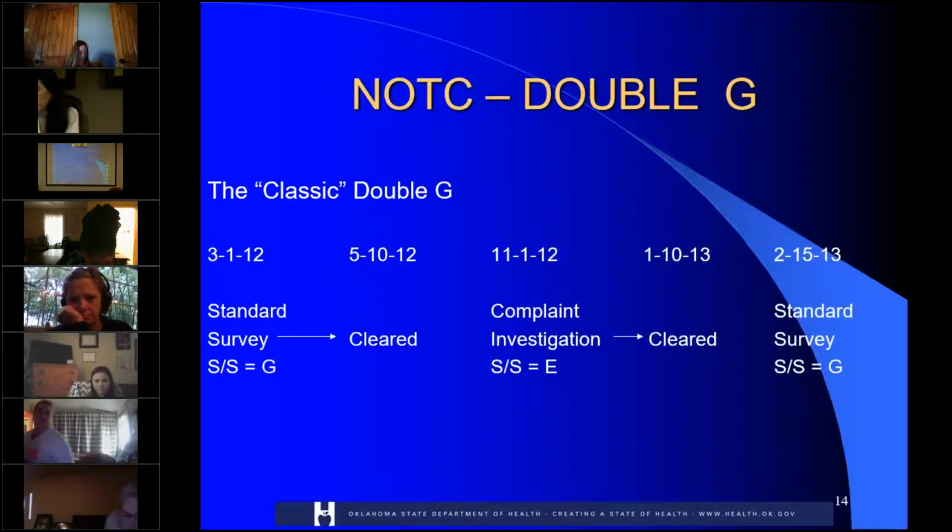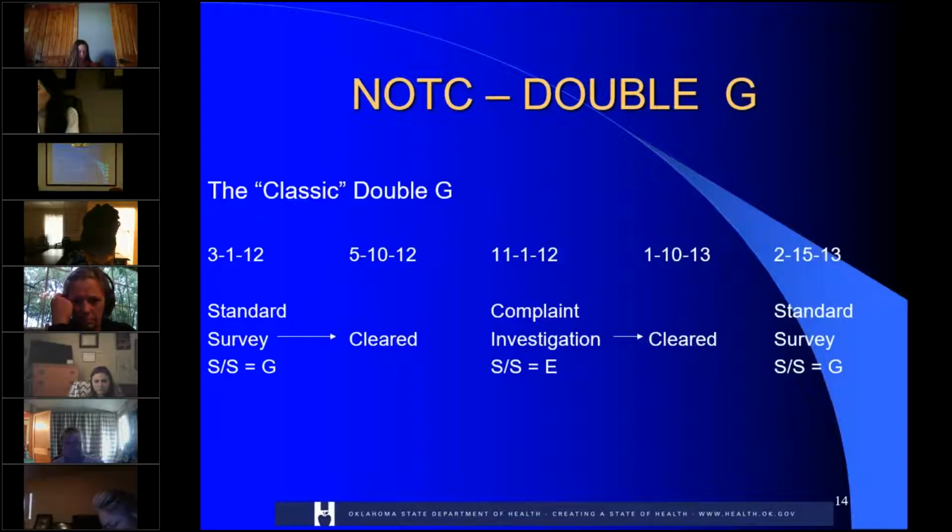And here's a classic double G. So in April, let's say last April, we went out and had a standard survey, and there was a citation of something at G. When we went back, I said April, but March, anyway, when we went back in May, that one cleared. They went into substantial compliance.